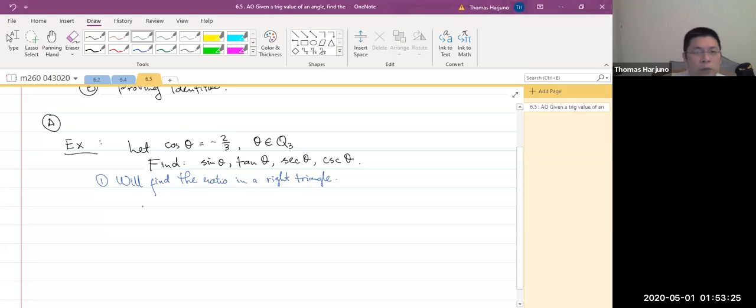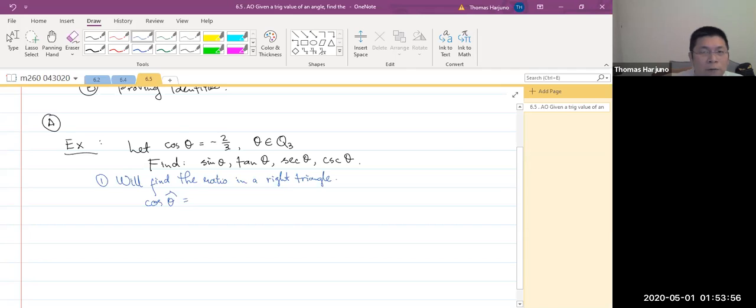So I will do it this way. Cosine theta hat, cosine theta is negative 2/3, right?